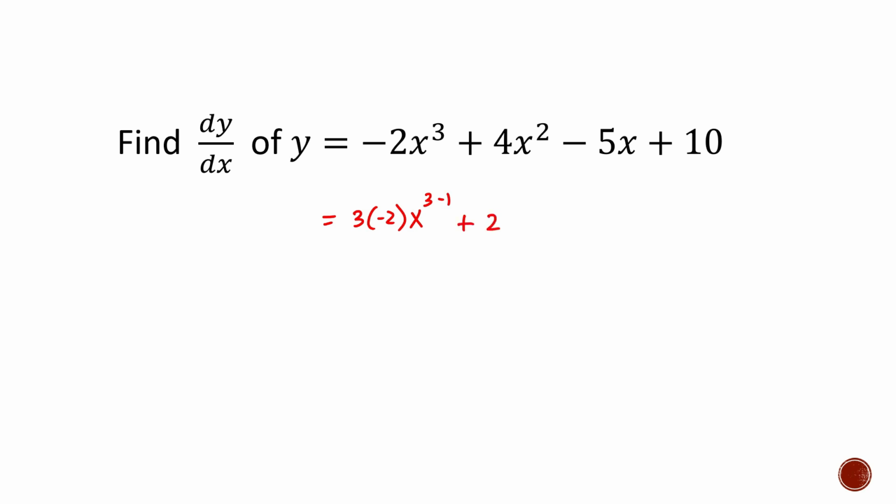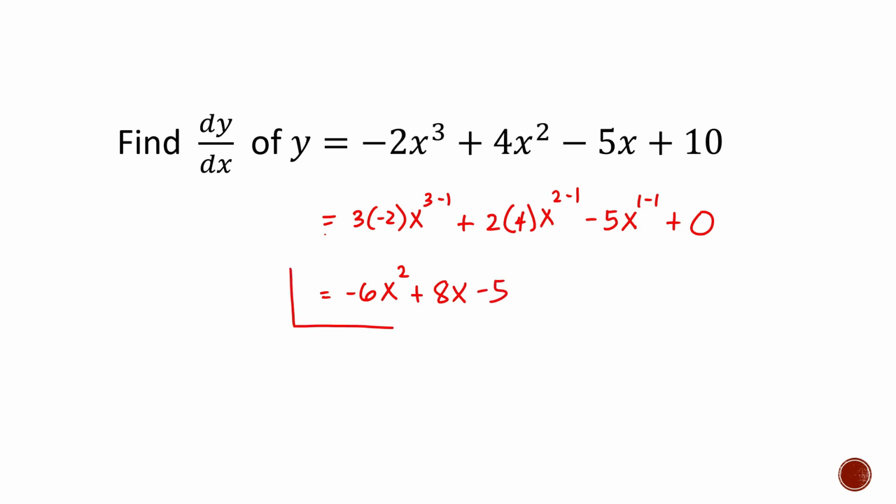We'll do the same procedure here, and then this is going to be 5x raised to 1 minus 1, and we know that that 10 will just be equal to 0. So this is negative 6x squared plus 8x minus 5. So this is the derivative of the given function.